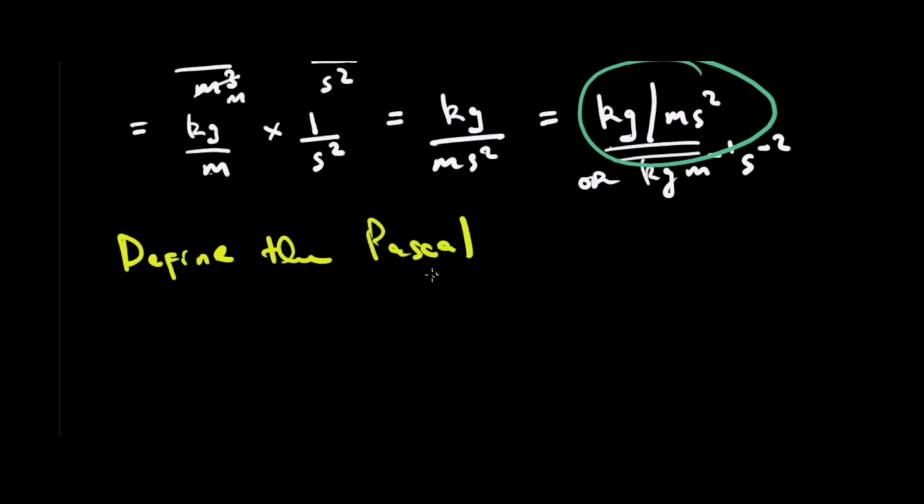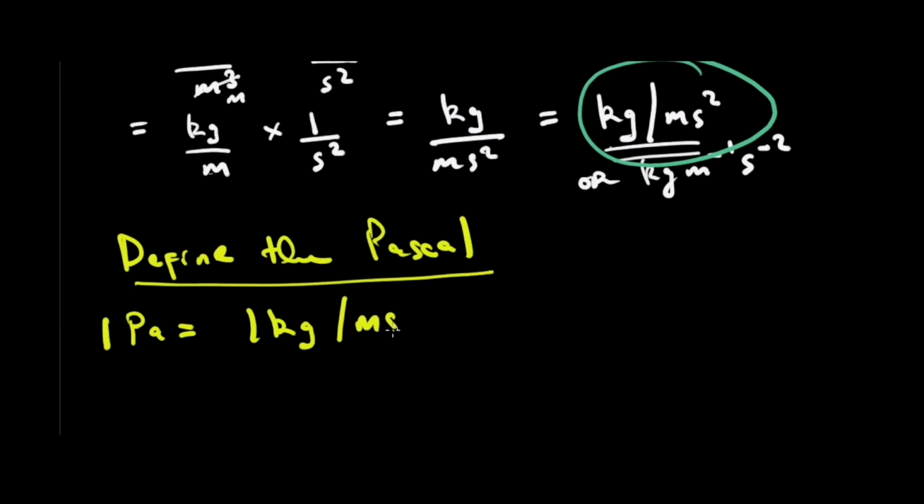Remember that the SI unit of pressure is the Pascal. So if we are tasked to define the Pascal, you can give your definition by saying 1 Pascal is equal to 1 kg per meter seconds squared. Or you can write that the Pascal is the standard international unit of pressure, the SI unit of pressure.